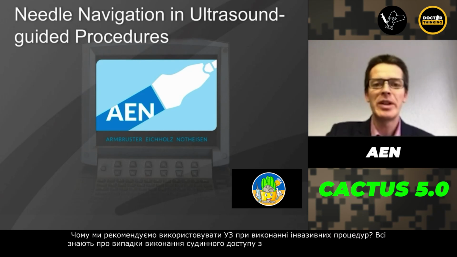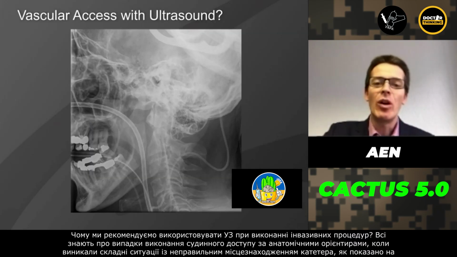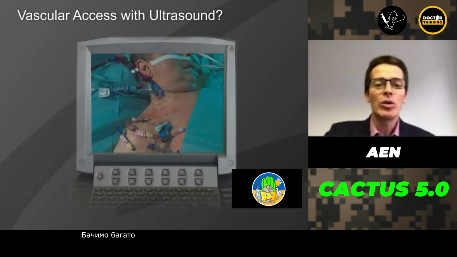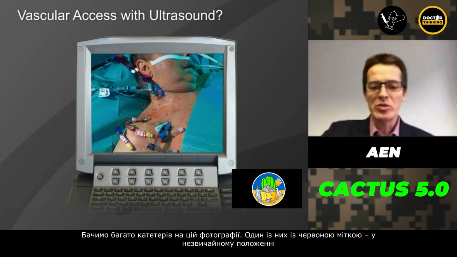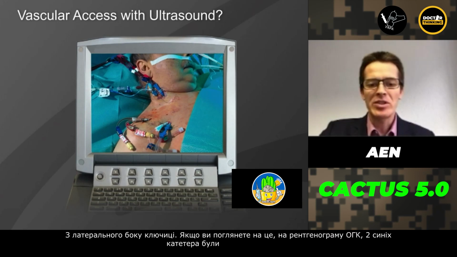Why do we recommend to use ultrasound in invasive procedures? We all know the cases with landmark vascular access, with difficult situations where we have displacements of catheters as shown here. In this photo you see a lot of catheters, and the one in the middle with the red tags obviously has a little bit of an unusual position on the lateral side of the clavicle.